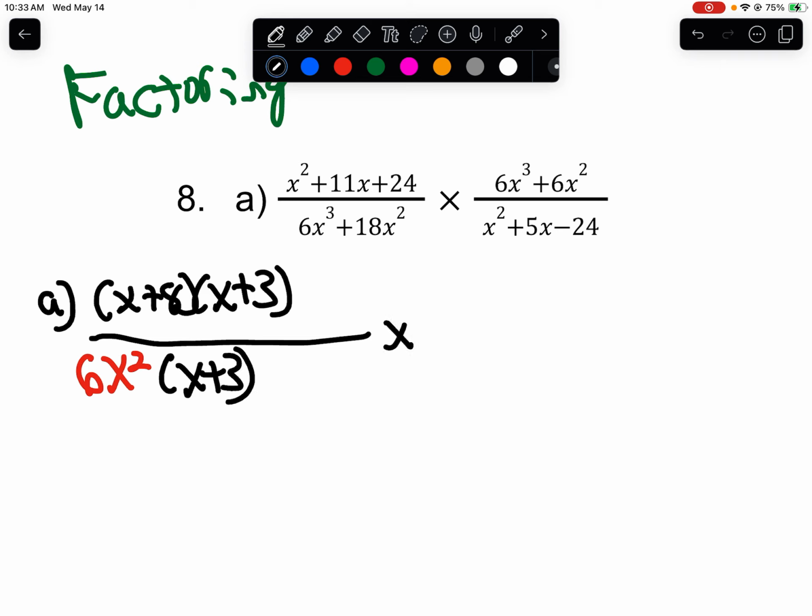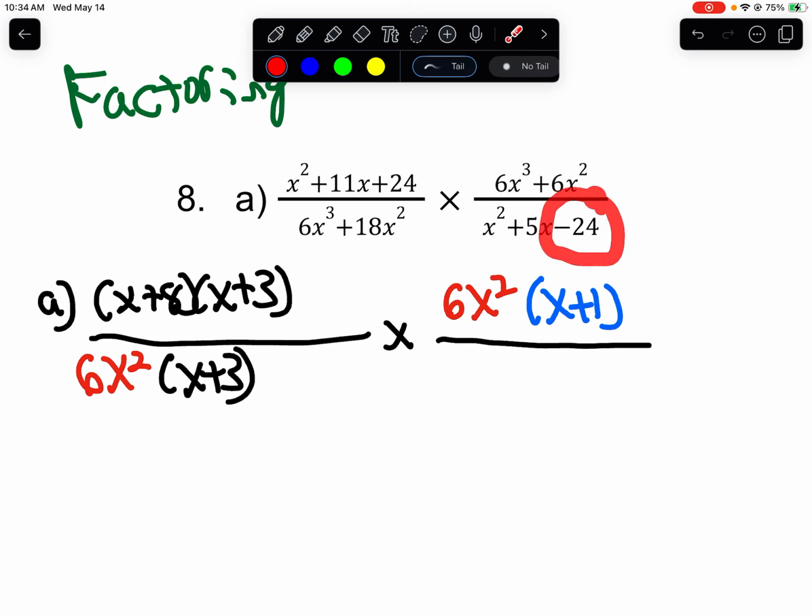Times, do the same thing on the top of this fraction. What can be pulled out? Well, it's 6x squared. And that's going to leave you x plus 1. And then the bottom is another trinomial.